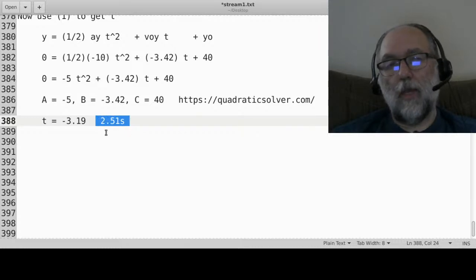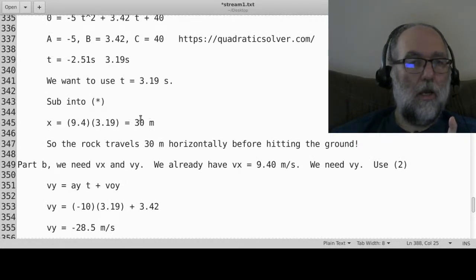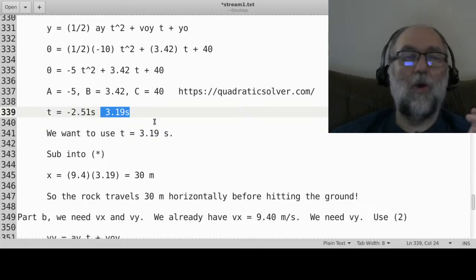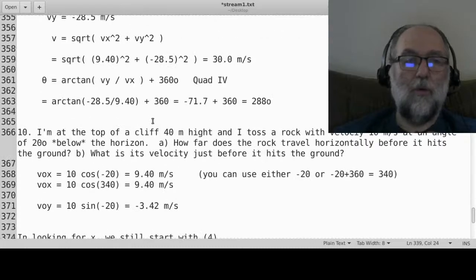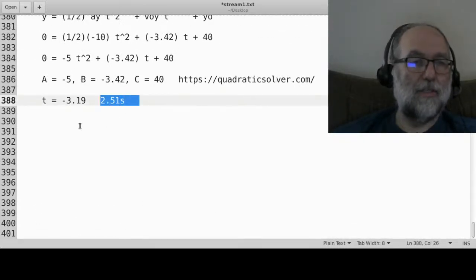So you'll see that it hits the ground in 2.51 seconds. Before, it took 3.19 seconds to hit the ground. That's when I threw it up at 20 degrees. But when I throw it down at 20 degrees, it takes 2.51 seconds, which is less.